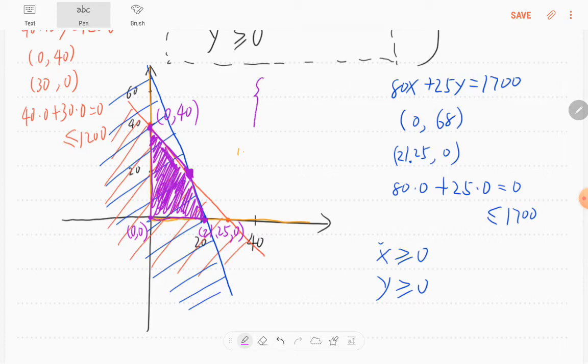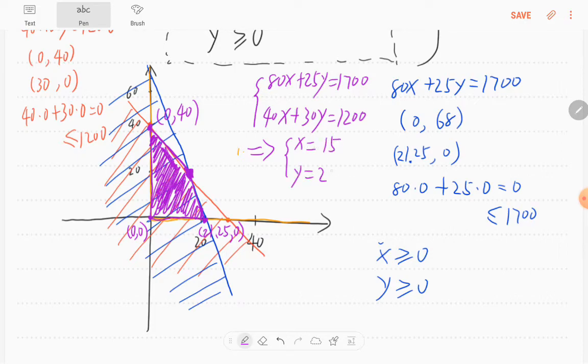The blue line is 80x plus 25y equals 1700, and the red line is 40x plus 30y equals 1200. If you solve this system of equations, you will get x equals 15 and y equals 20.